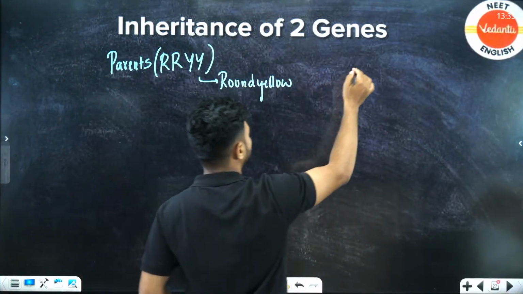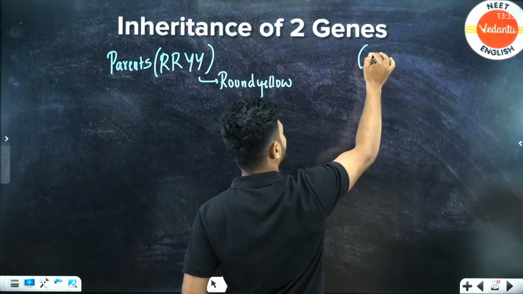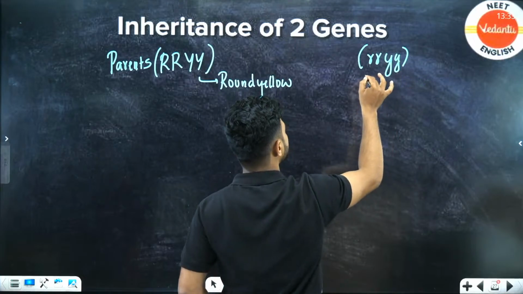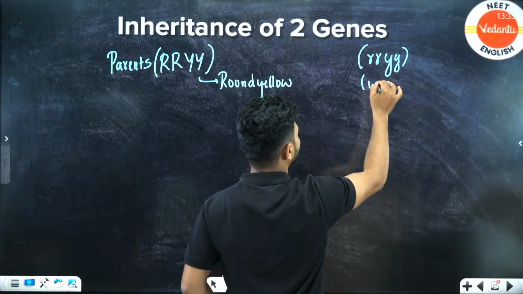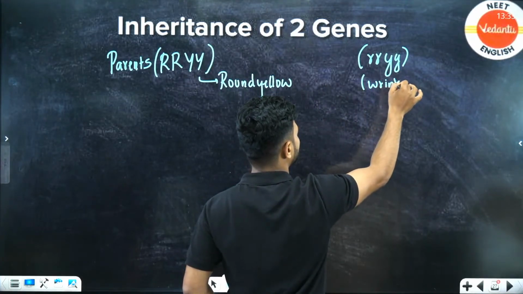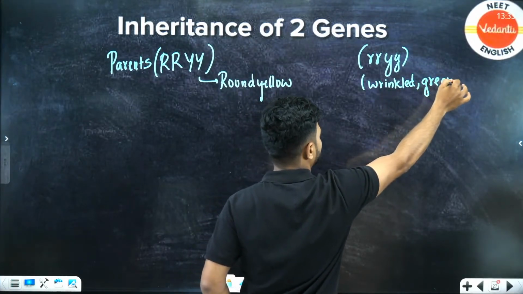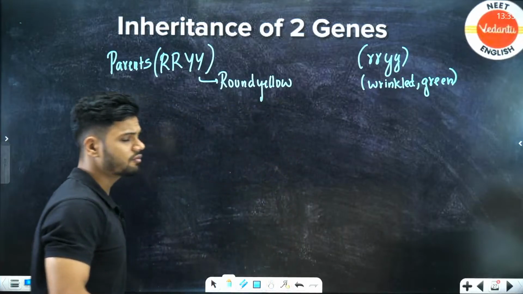The other parent is going to be small r, small r, small y, small y. This is going to be wrinkled and green.